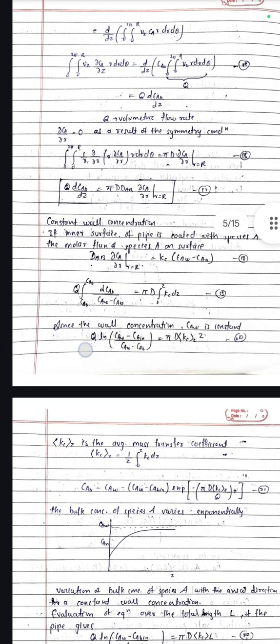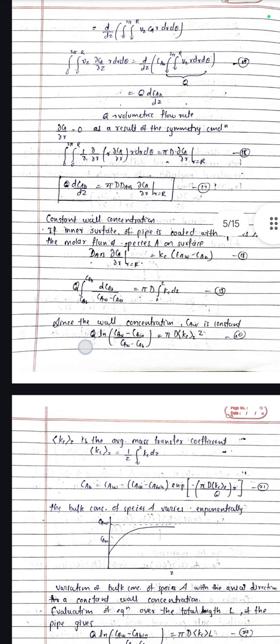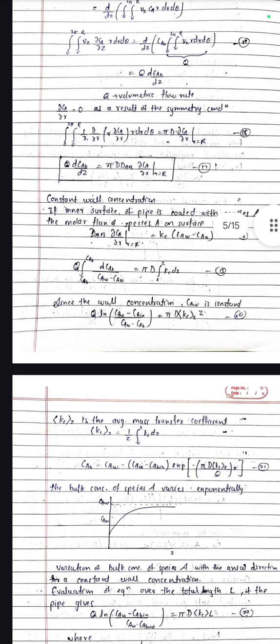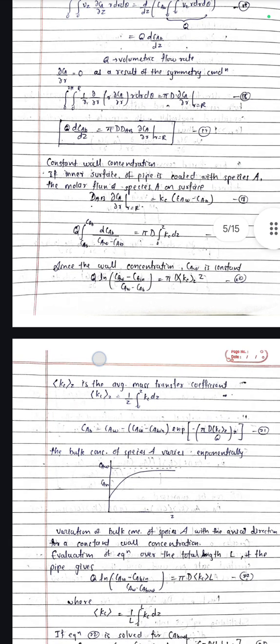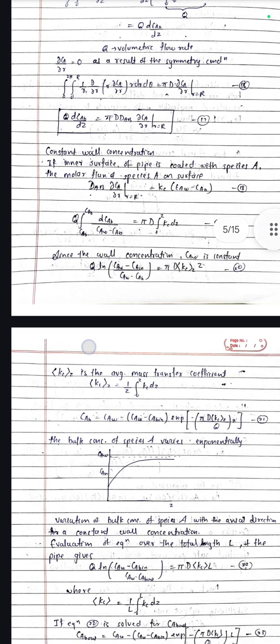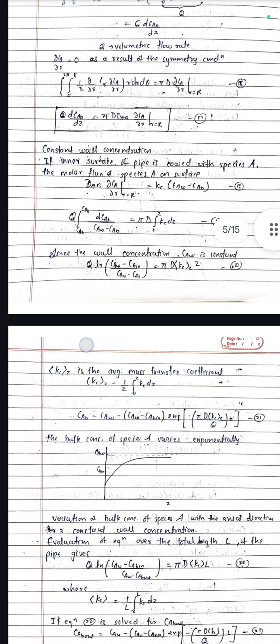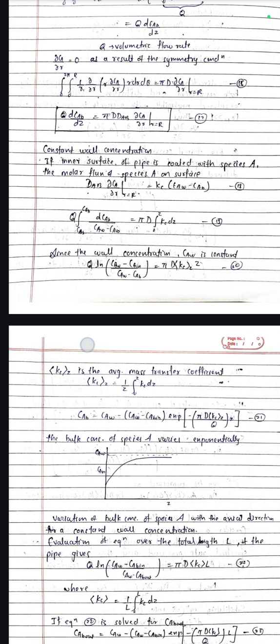Q times the integration of dCAB by (CAW minus CAB) is equal to pi d times the integration of Kc dz. Since the wall concentration CAW is constant, we get Q times ln of (CAW minus CAB out) over (CAW minus CAB in) is equal to minus pi d Kc z times z.